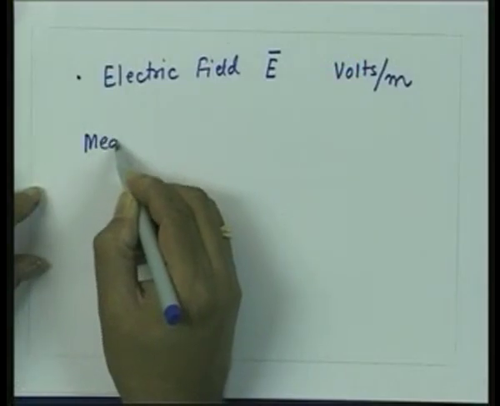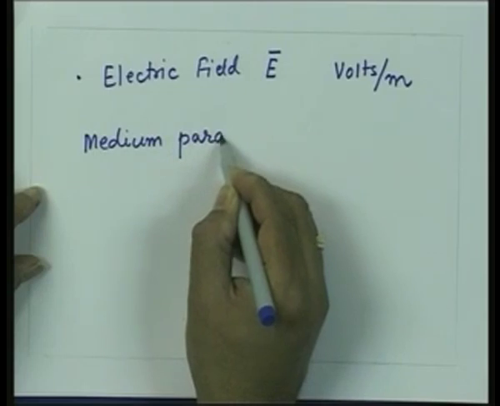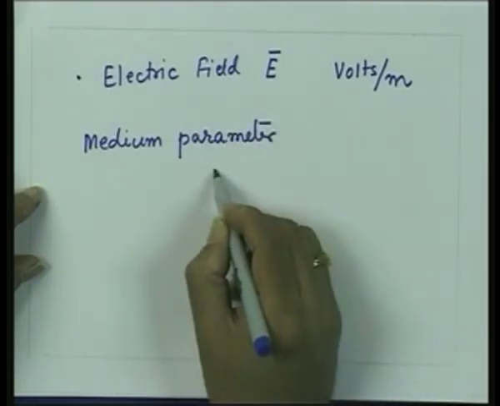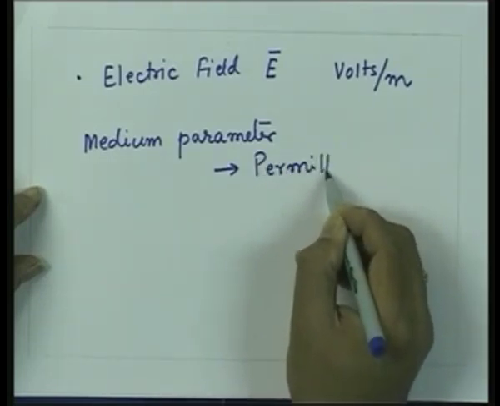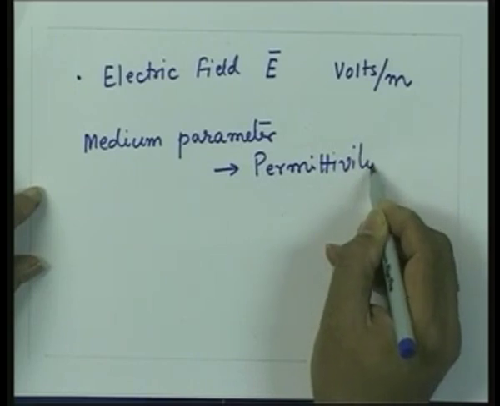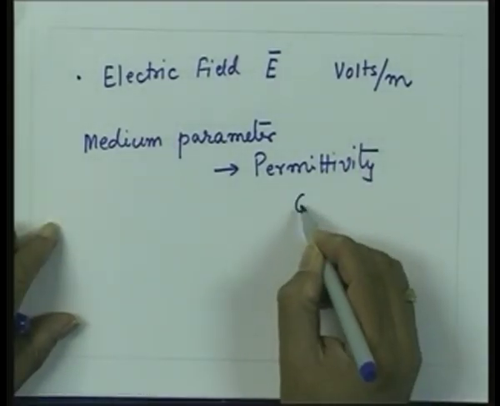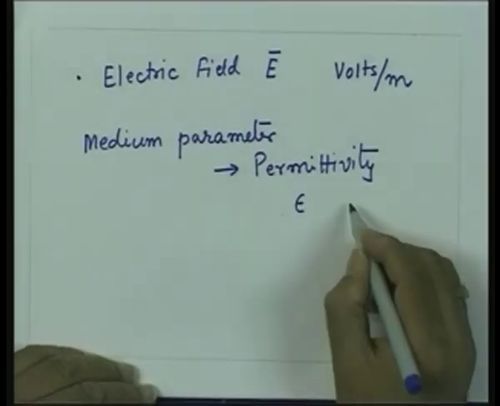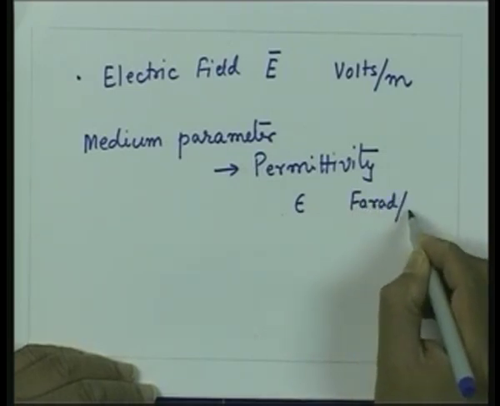So, we have a medium parameter called permittivity, which is denoted by epsilon, and it has a unit farad per meter.